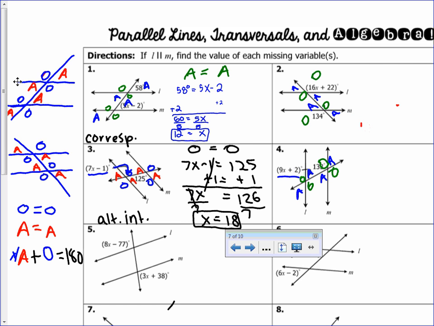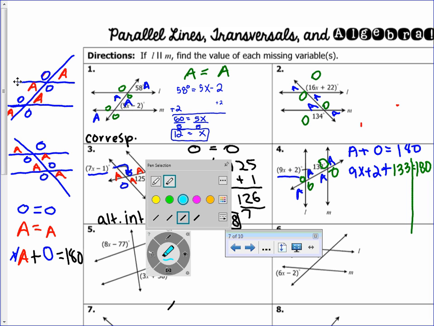Okay. I have A plus O equals 180. So what's my A angle? It's 9x plus 2 plus, what's O? O is 133. This equals 180. So first, I need to combine like terms on the same side before I do anything else.